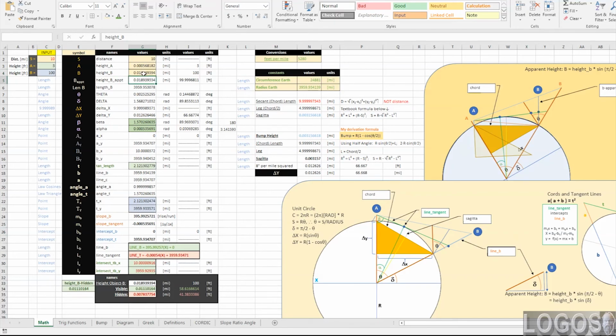An intermediate step, finding the drop, that doesn't say anything about anything. So here's the drop, this orange triangle here. Here's the Sagitta. But still, even knowing the drop and Sagitta height, it still doesn't tell you what you can and cannot see.